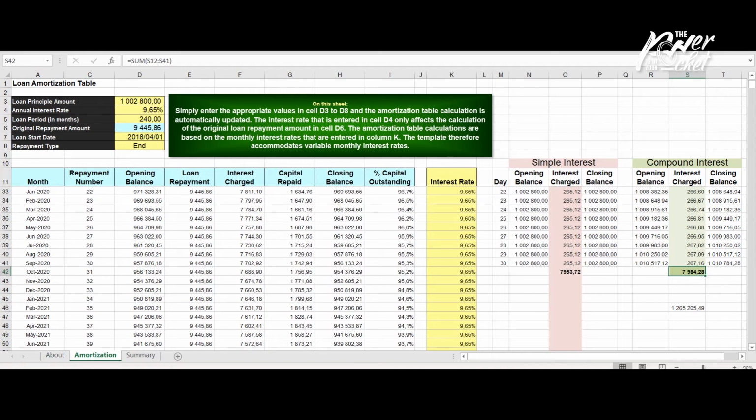It matters on which day you pay towards your loan. And if you miss a payment, that amount is still compounded.